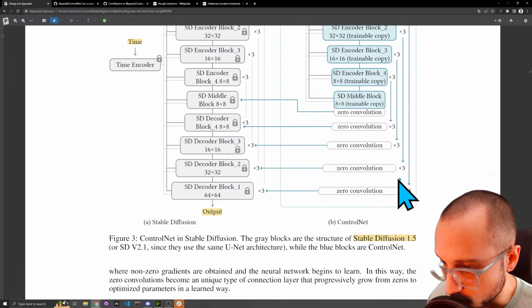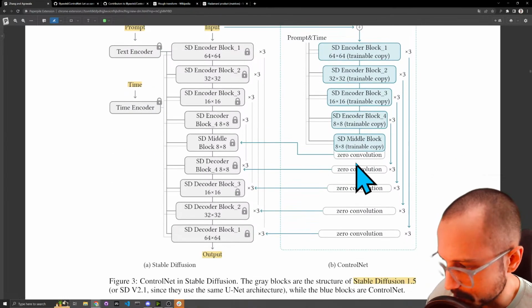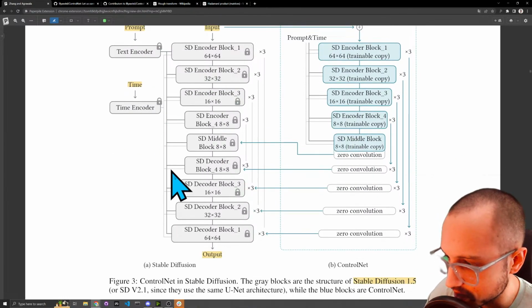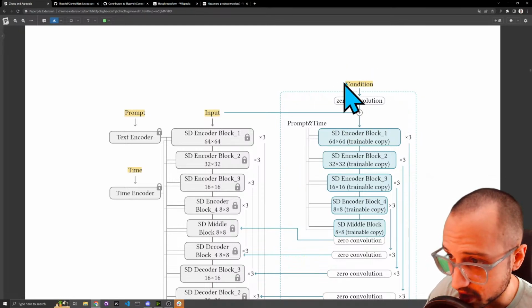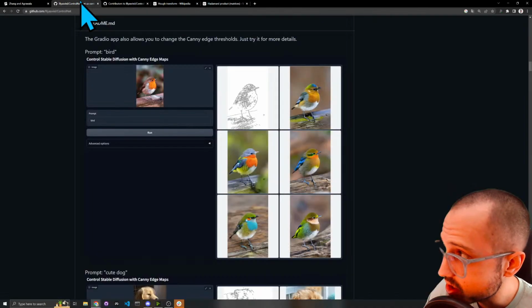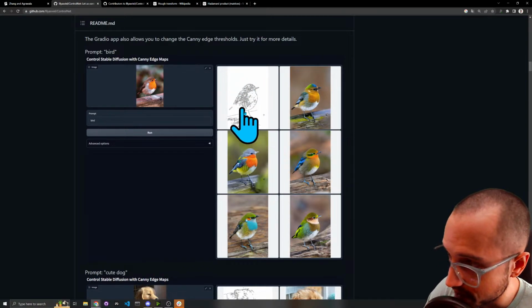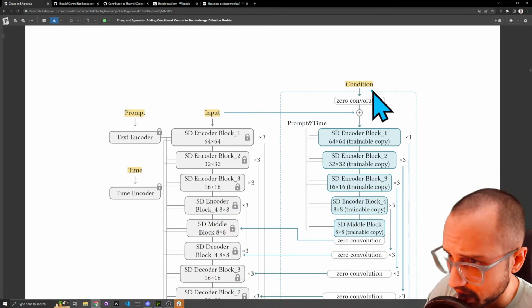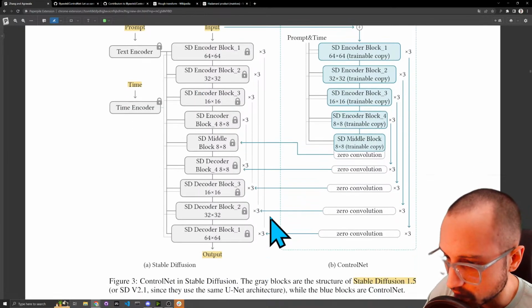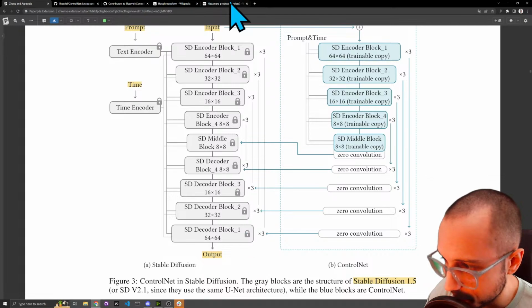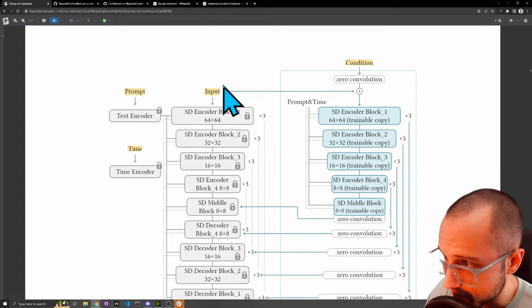And this ControlNet that we're kind of parasitically attaching onto the Stable Diffusion model, we're going to feed it with a condition. And this condition is going to be an image, right? This Canny edge image. And we need that condition to be the same kind of dimensionality as the input to our diffusion model. And unfortunately for us, the input to this diffusion model is a latent image.